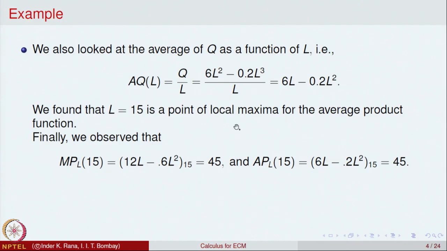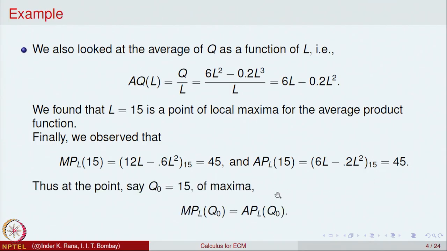So, at L equal to 15 we can calculate the marginal production. The marginal production is the derivative of the production, that is 12 L minus 0.6 L square evaluated at L equal to 15, and when you simplify it comes out to be 45. Similarly, the average production from the previous slide evaluated at L equal to 15 also comes out to be 45.